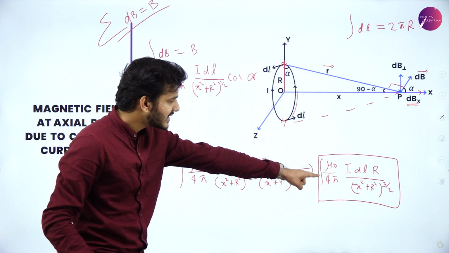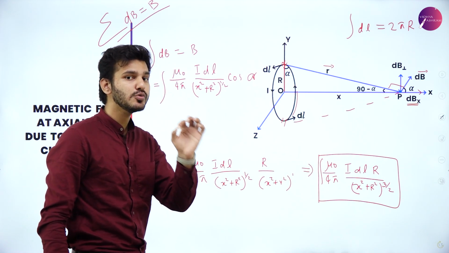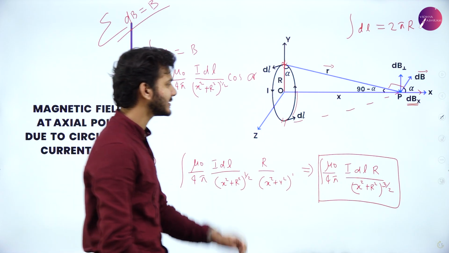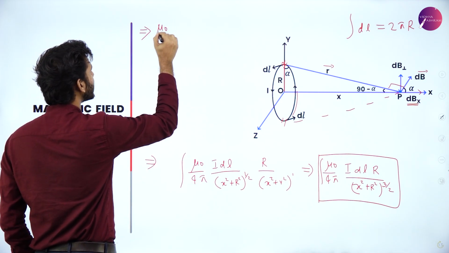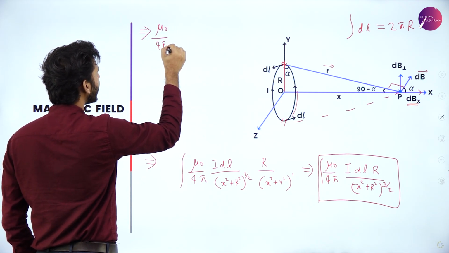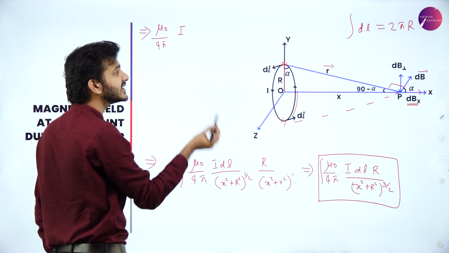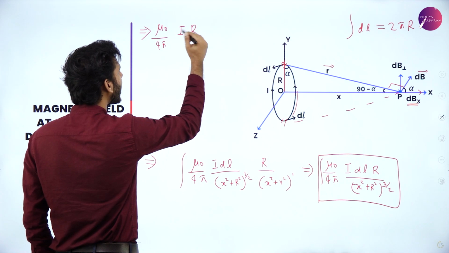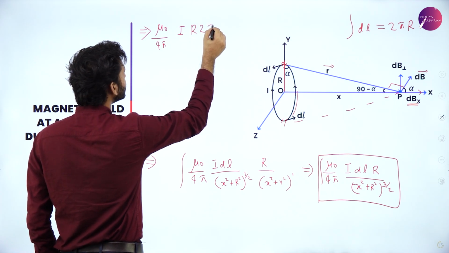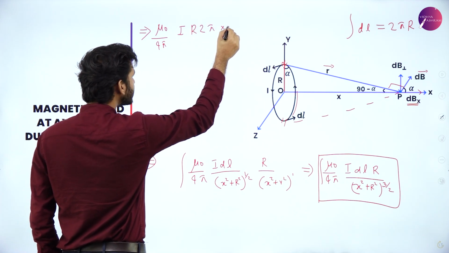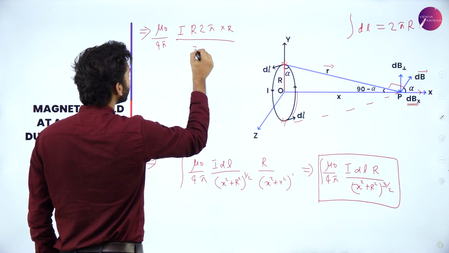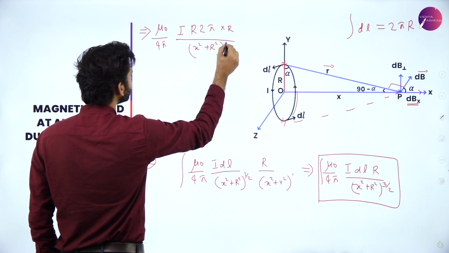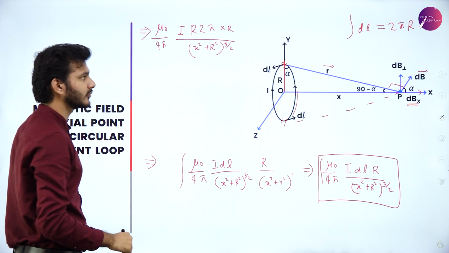So instead of dl, we will have 2 pi R, and we can write the final form as mu naught divided by 4 pi I, instead of dl we are going to write 2 pi R, into R divided by x square plus r square whole raised to 3 by 2.